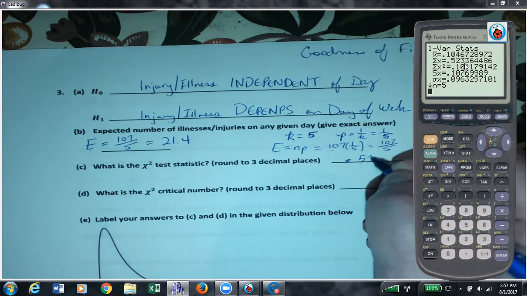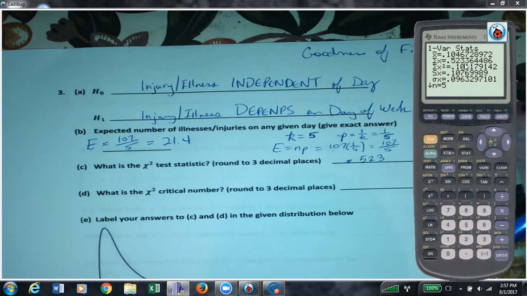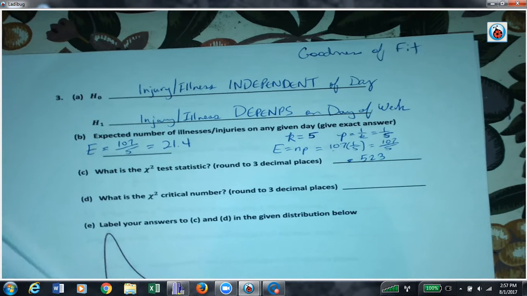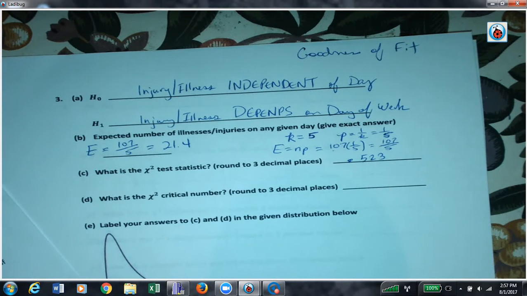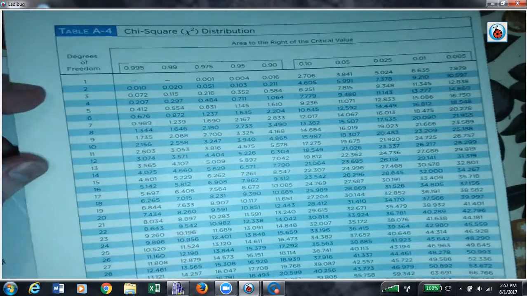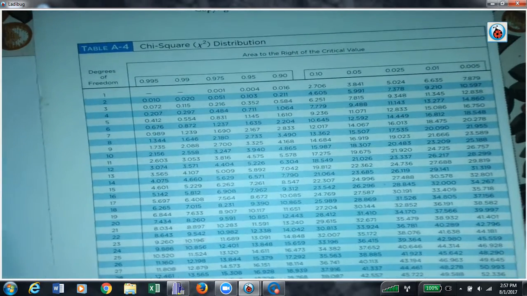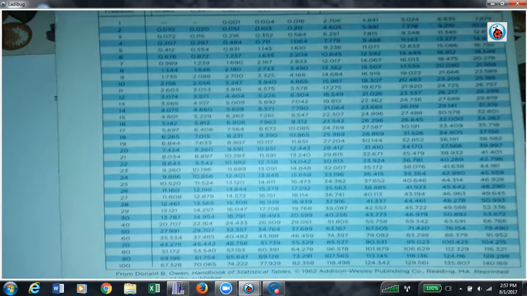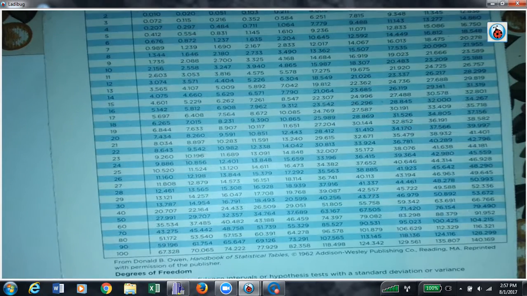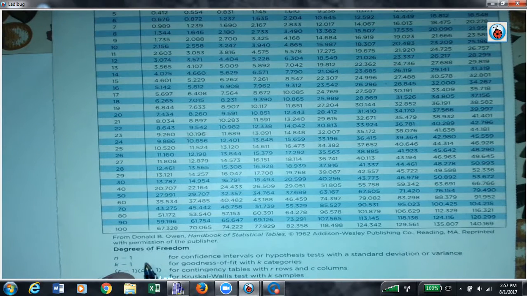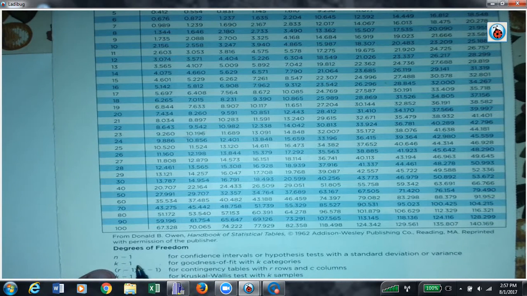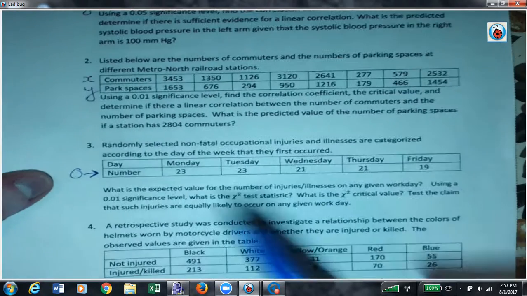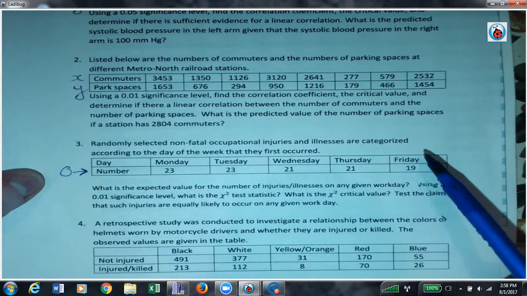0.523. Now, what is the chi-squared critical number? I get that from a chart, chart A4. So, what are the degrees of freedom going to be? Well, look down here at the bottom. Degrees of freedom, we're going to have K minus 1 for goodness of fit with K categories. And I have 1, 2, 3, 4, 5 categories.